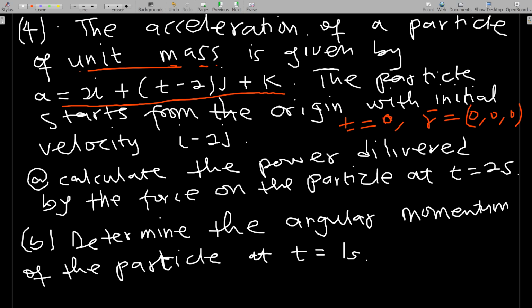So let's start. The information that we have here is that mass is equal to 1, and our acceleration is given by 2i plus (t minus 2)j plus k.